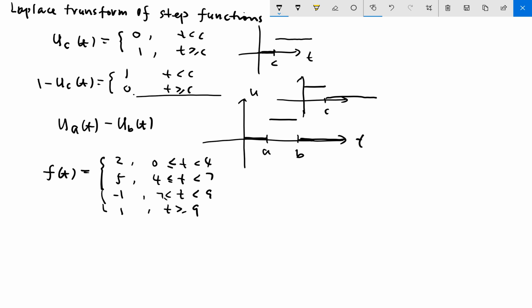We want to find the Laplace transform of this. Using step functions, it is easier to find the Laplace transform.